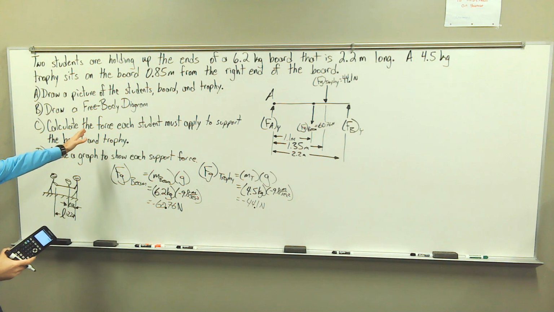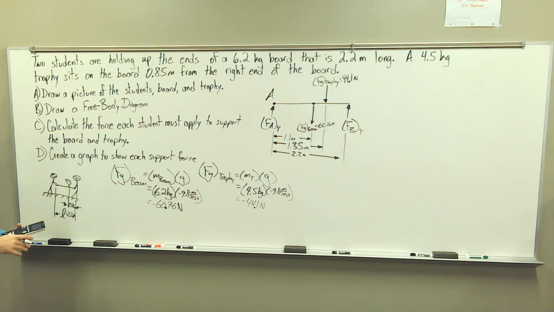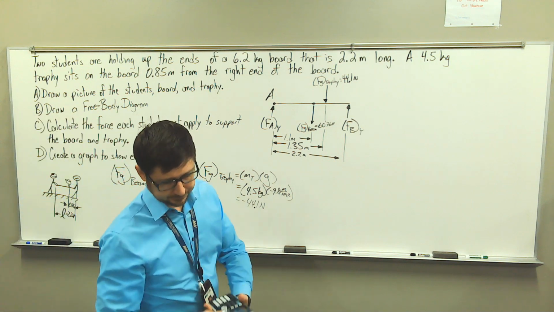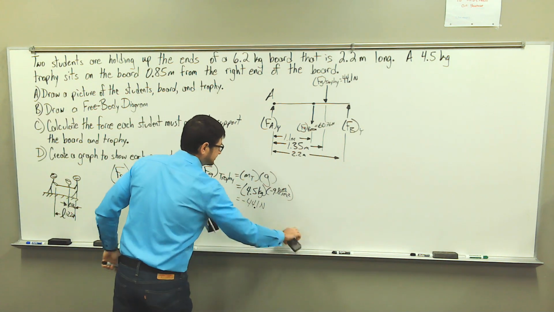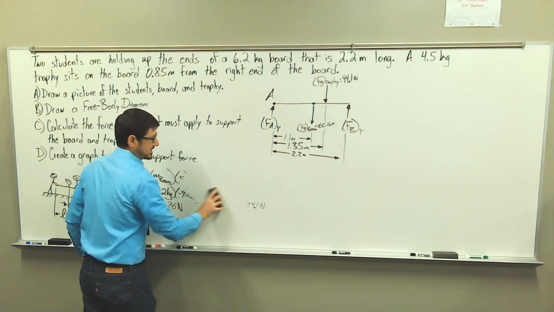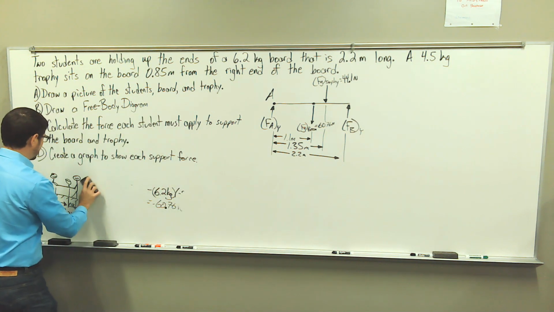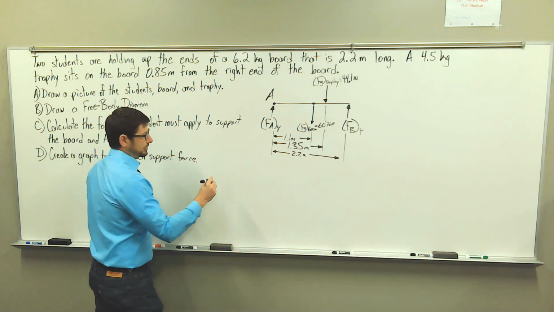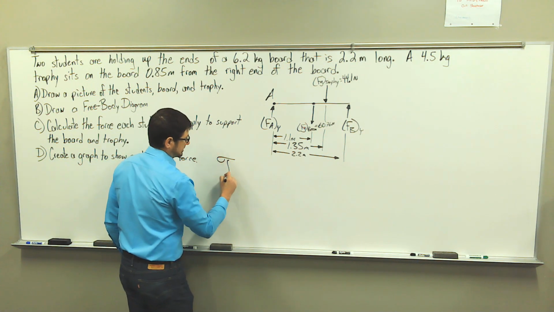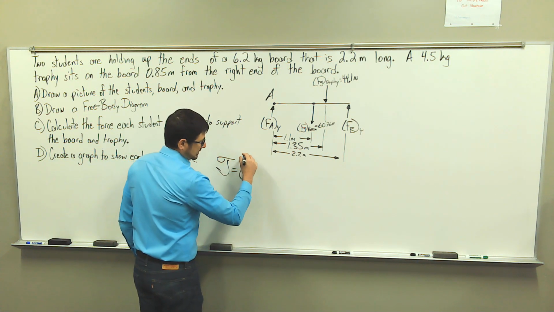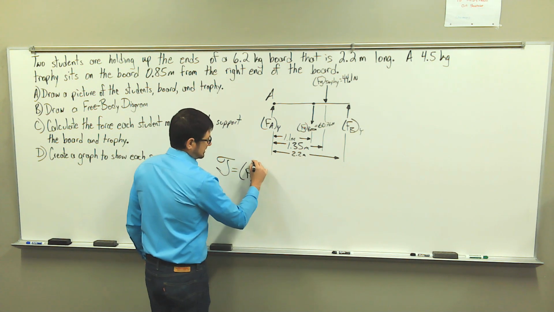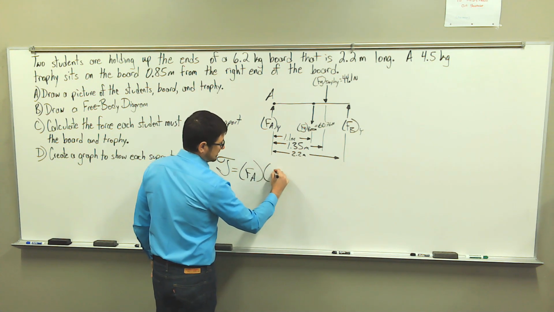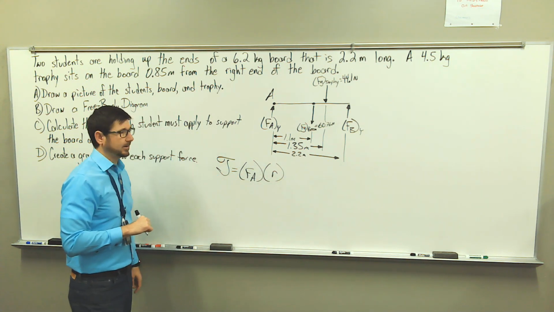Now in part C it says calculate the force each student must apply to support the board and the trophy. So what we're going to do is we are going to sum the torques about point A. So you know that torque is equal to the applied force times the lever arm, okay?